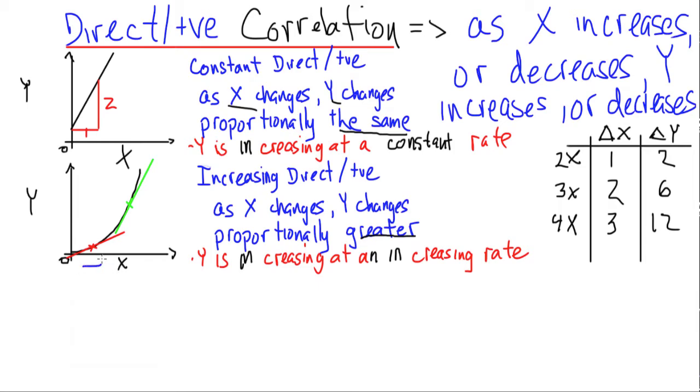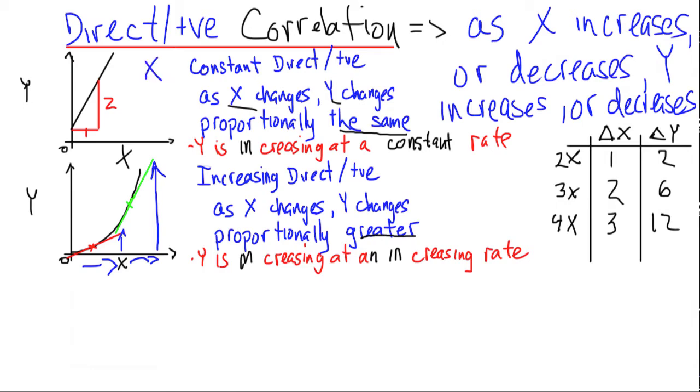And so as x increases, the amount that y increases, given the change in x, is greater. Or the slope of the curve gets steeper as the independent variable increases.